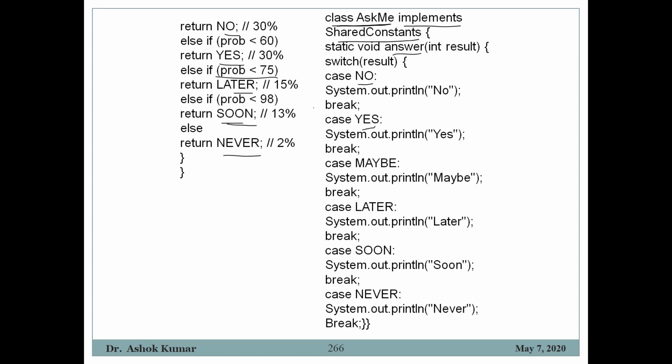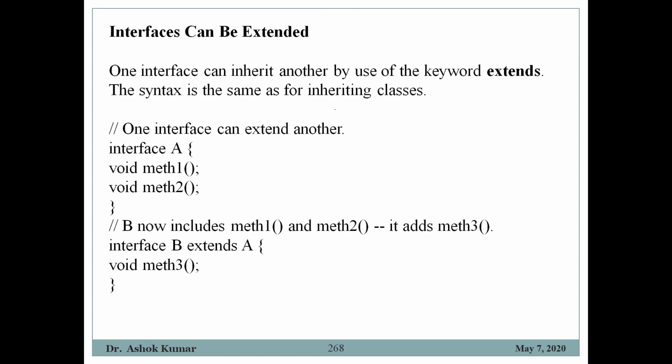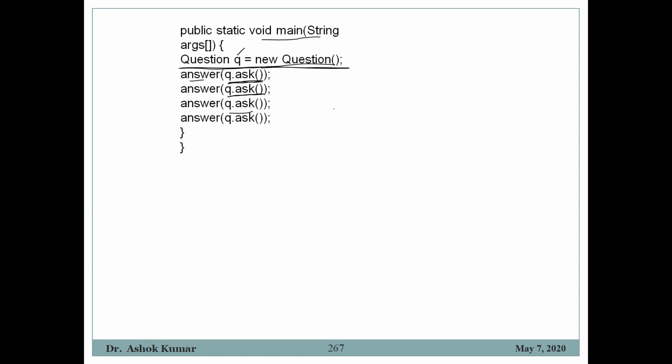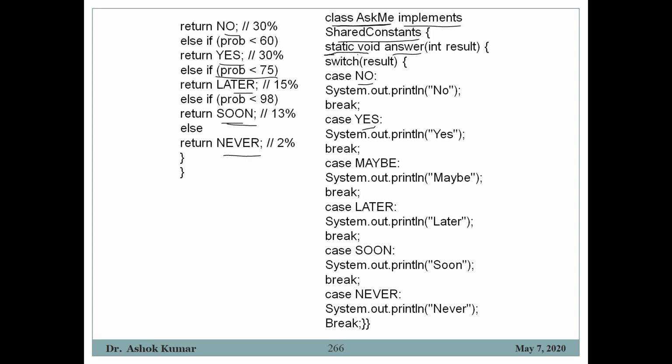Let me show you this method. This is the answer method. It's a member of the class AskMe, and main is also a member of this class, so main can call this answer method directly.